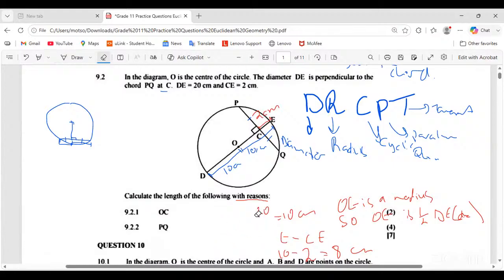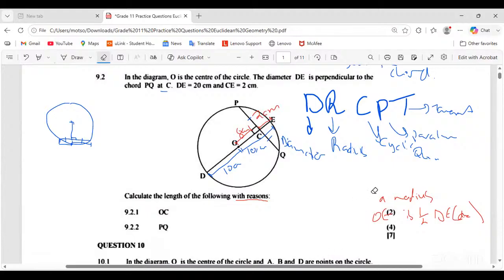Now let's go to the next question, 9.2.2, where now we are required to find the length of PQ. Now let's highlight that OC. Now we have this OC here as 8 centimeters.